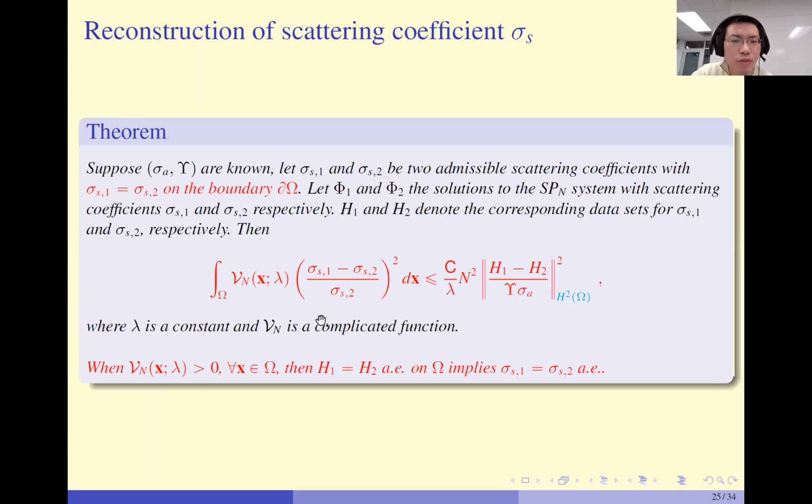The more detailed analysis for this part is really, really difficult. So what I want to emphasize is that in order to have a good stability estimate for the scattering coefficient, you will need some regularity estimate for the initial pressure field.